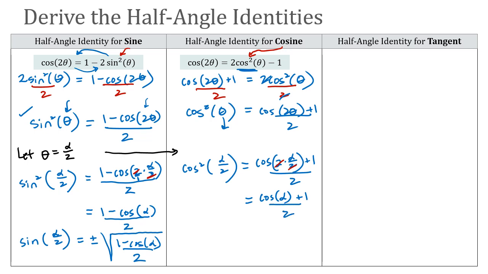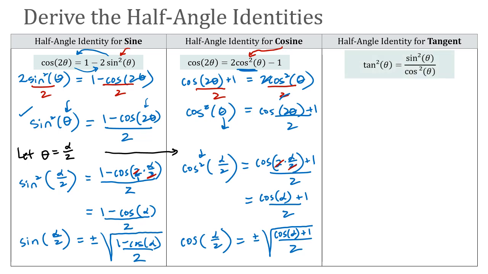I want to know what cosine of the half angle is equal to. So to get rid of the square, I'm going to square root both sides, and I'm going to be left with plus or minus the square root of this whole thing, the cosine of alpha plus 1 all over 2. That is the half angle identity for cosine. Now, what about tangent?